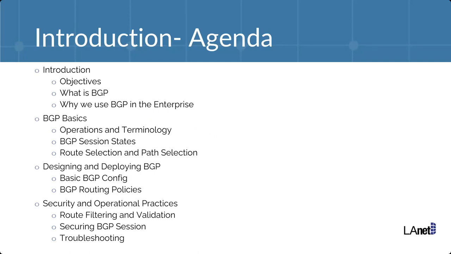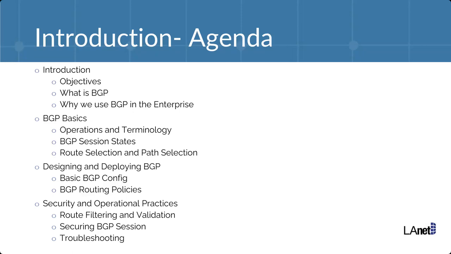We'll start out pretty easy with an introduction to what BGP is and why we even use it, and then some basics on things like terminology, path selection, right? And then we'll get into some of the more advanced things like configs, and we'll go from basic to intermediate, routing policies and how to update those, which is in a lot of ways the heart of BGP.